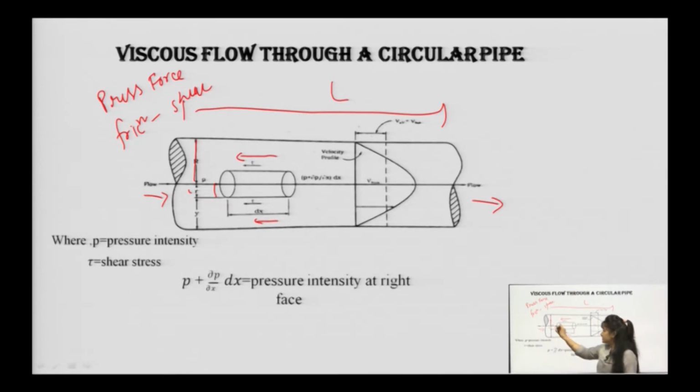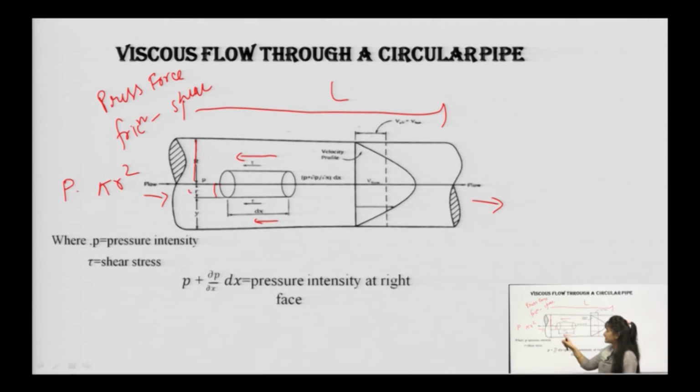At this point the pressure force is P into A, pressure into area. If small r is the radius, then the area will be pi r square. At point 1, or at the inlet, the pressure force will be P into area pi r square in terms of radius.